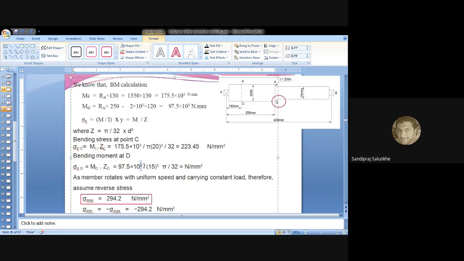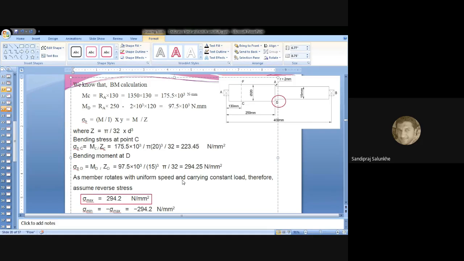What value are you going to get for sigma B? Can anybody tell? Do the calculation and give me the answer. 294.25. 294 point 25. How much? 25. Yes, 25 sir. Newton per millimeter square.